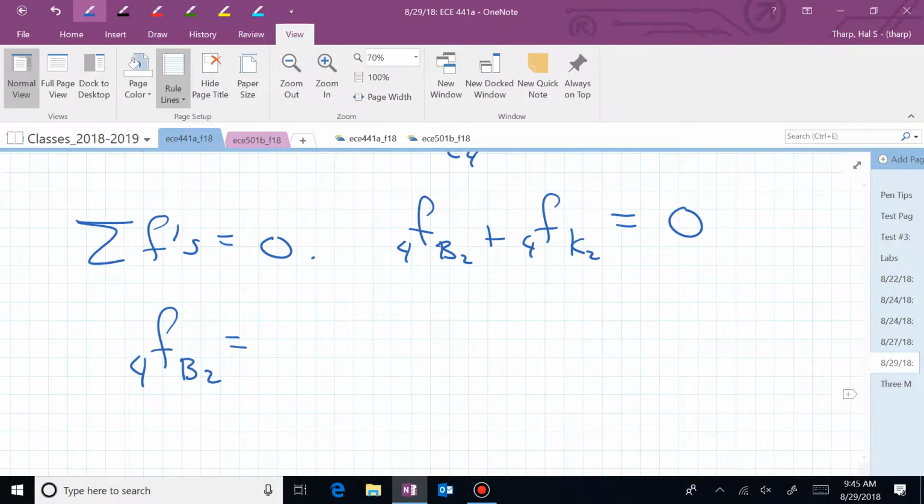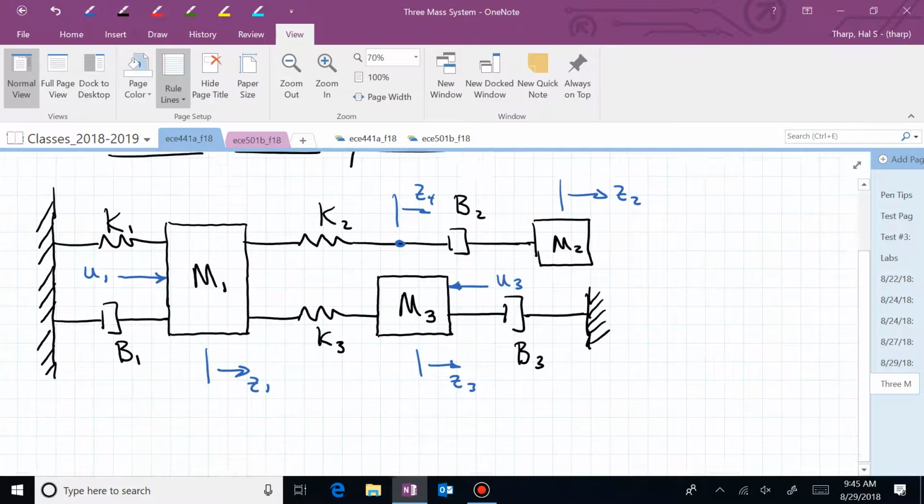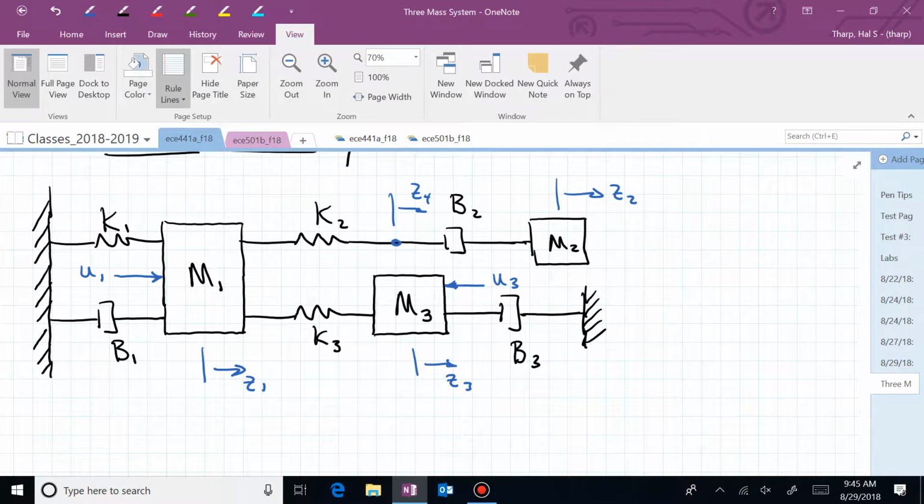I go back to my original diagram and I say, what's going to give me a positive force to the left associated with spring k sub 2? Which one? Let's do dash pot b sub 2. What's going to give me a positive force to the left for dash pot b sub 2 relative to this diagram?